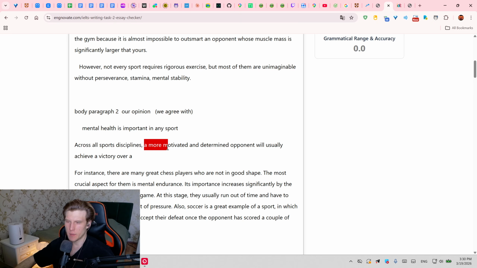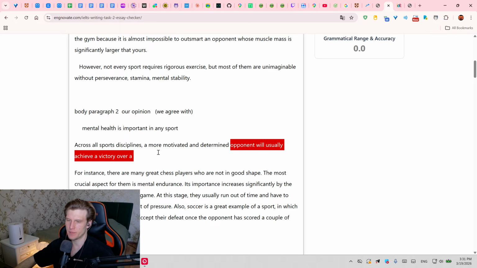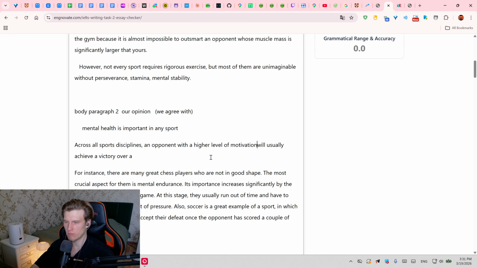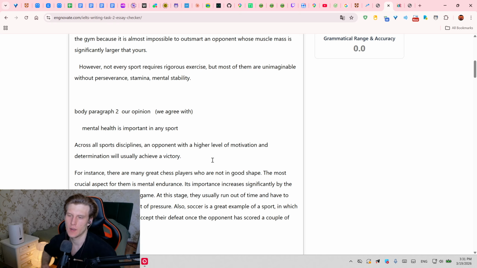Across all sports disciplines, an opponent with high levels of motivation and determination will usually achieve a victory over their opponent. With a high level of motivation and determination, would usually achieve a victory.